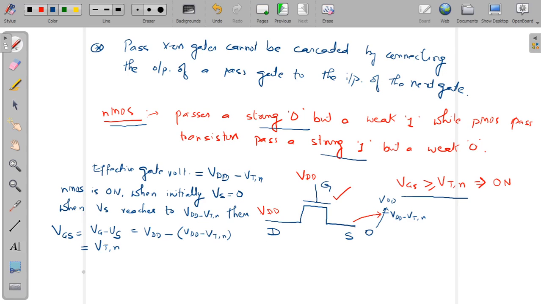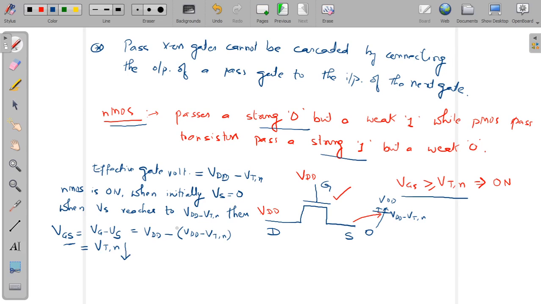So when the source is at this value VDD minus VTN, then the value of VGS comes out to be equal to VTN, and we can expect that as the source terminal goes above this level VDD minus VTN towards VDD, then the value of VGS will drop below the value of VTN.